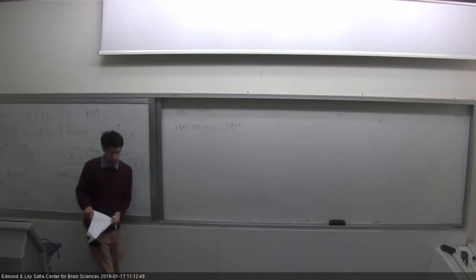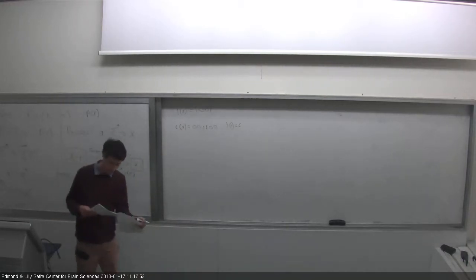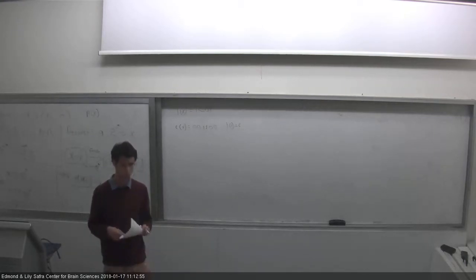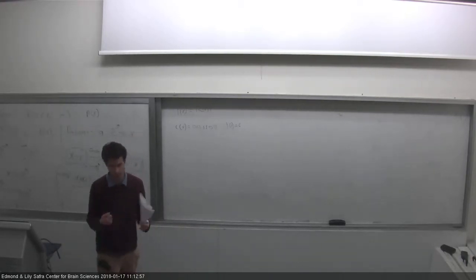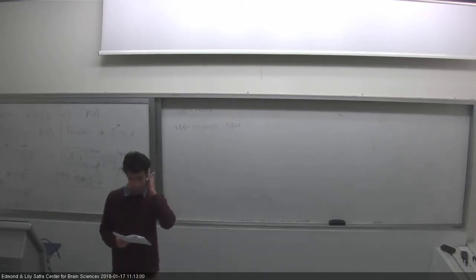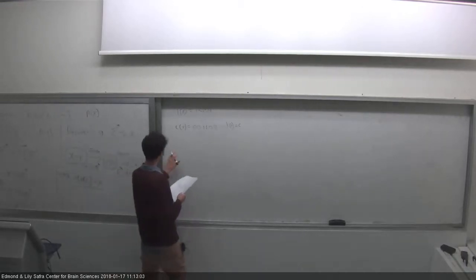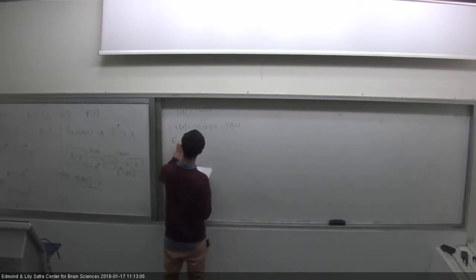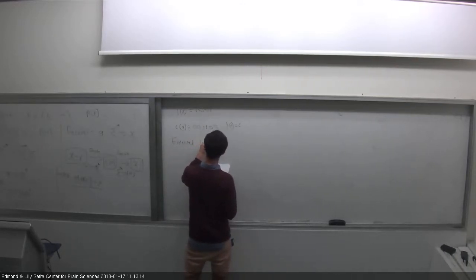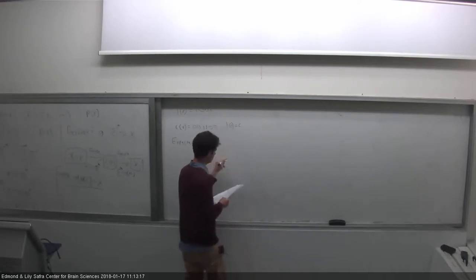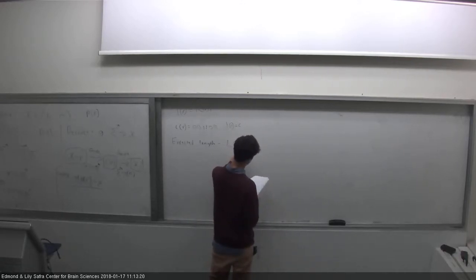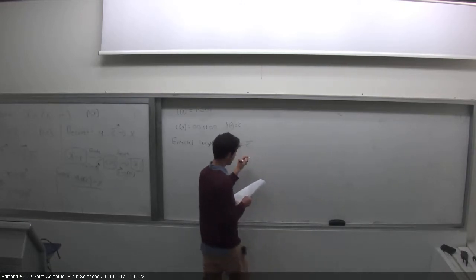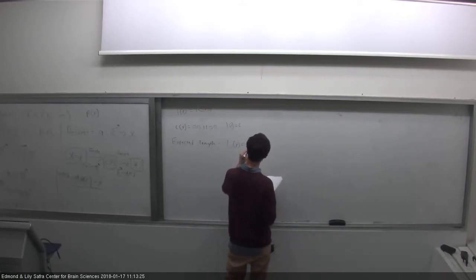And what we really want is that on average the expected length will be small. The expected length is just the average over all the possible x, of p of x times L of x.